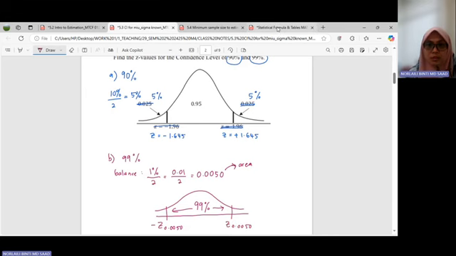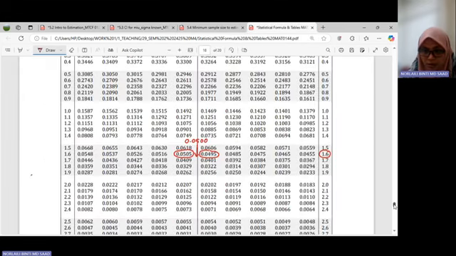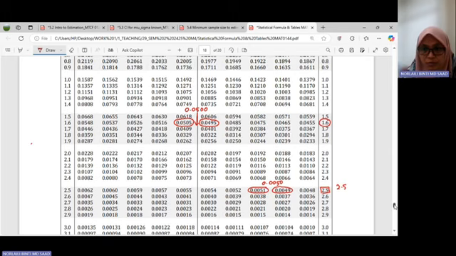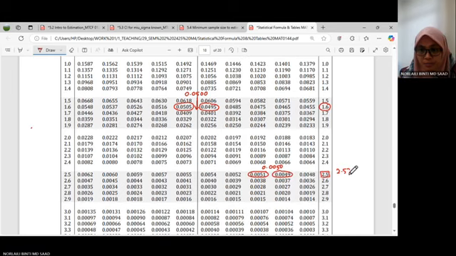Now look at the normal table and find the closest value for 0.0050. We have it between these two values, so we need to add 2.57 plus 2.58 and then divide by 2.